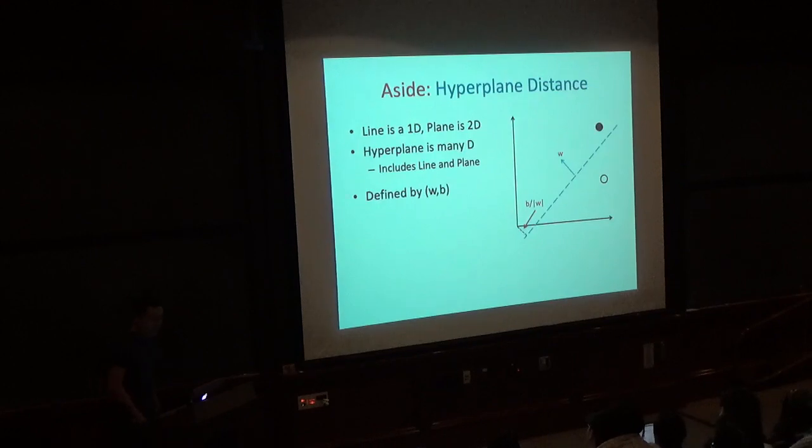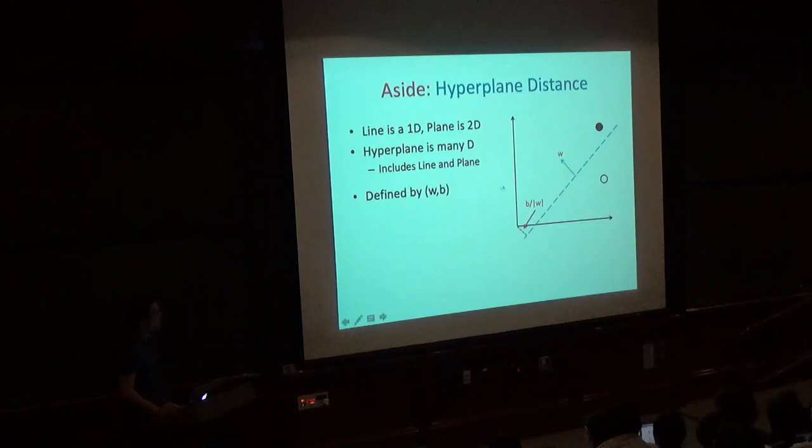As an aside, and this is something we'll touch on more next week, we can relate the Perceptron algorithm and other machine learning algorithms to a concept known as hyperplane distance. A line is a one-dimensional hyperplane. A plane is a two-dimensional hyperplane. And a hyperplane, more generically, is the same concept in many dimensions. It's defined by w and b.